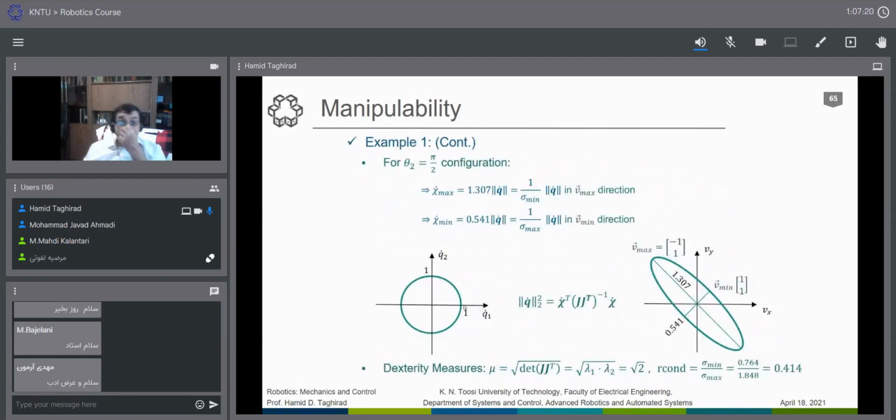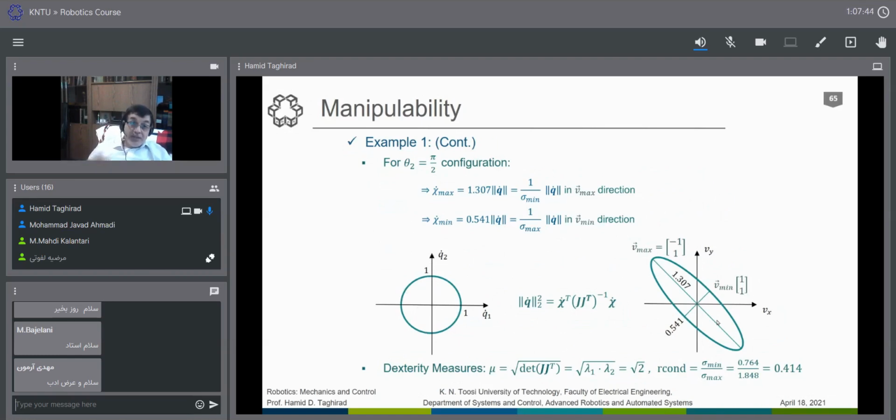And here it gives a very nice final solution geometrically or graphically. If you have a square, a sphere or a circle in the 2D space, as you see here, this will change in the task space to an ellipse.